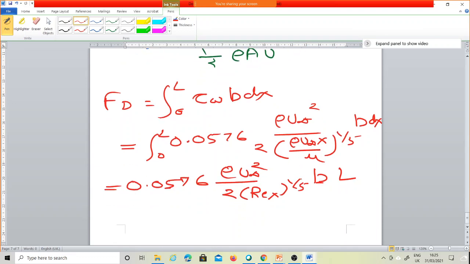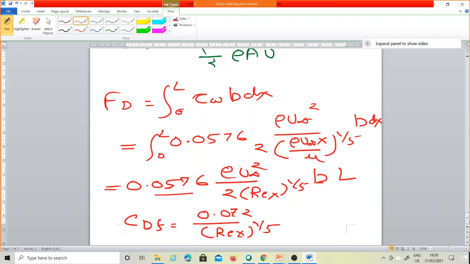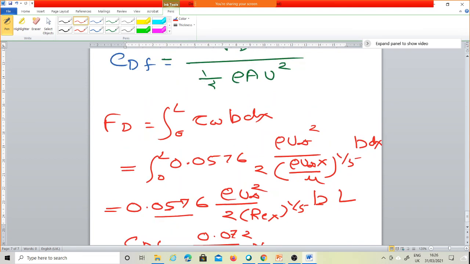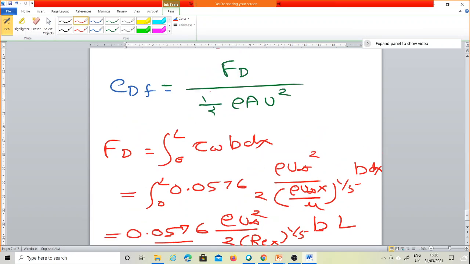Okay, so if you have this and then you substitute this, CDF should be, after you simplify this, I think you will get something like 0.072 over ReL to the power 1 over 5. It means that this coefficient, and you have this one, right, half, so it will become 2. So if you see this, 0.0576 multiplied by 2, and we have some additional part.